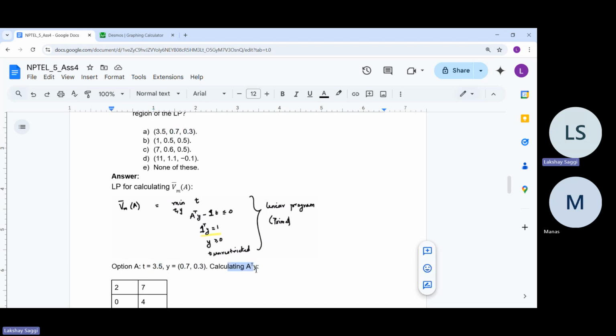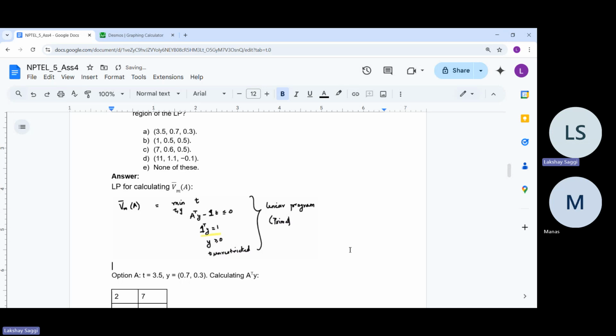And now we really need to just calculate A transpose Y. Maybe we should first write down what A transpose actually is.